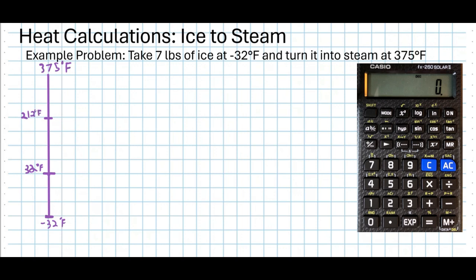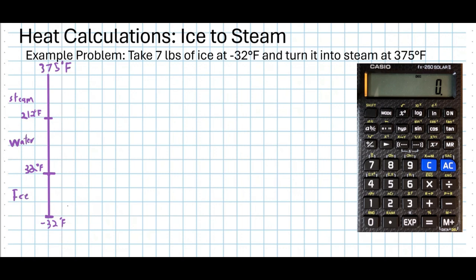So anything below 32 degrees, we're dealing with ice. Anything between 32 degrees Fahrenheit and 212 degrees Fahrenheit, we're talking about water. And anything above 212 degrees, we're talking about steam. Each one of these will have a different specific heat capacity, so we have to do different calculations for these temperature changes.